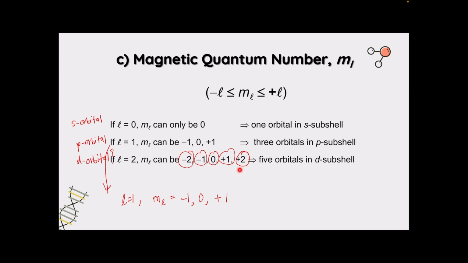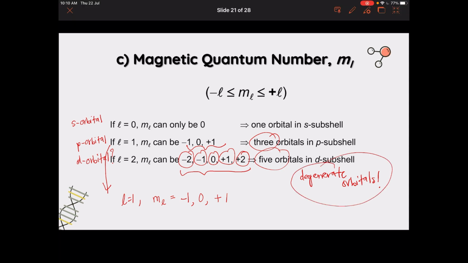So these 5 numbers are actually referring to another 5 suborbitals in the orbital. So for these 5 suborbitals and these 3 suborbitals here, we call them degenerate orbitals. So what are degenerate orbitals? Degenerate orbitals are orbitals with the same energy level.